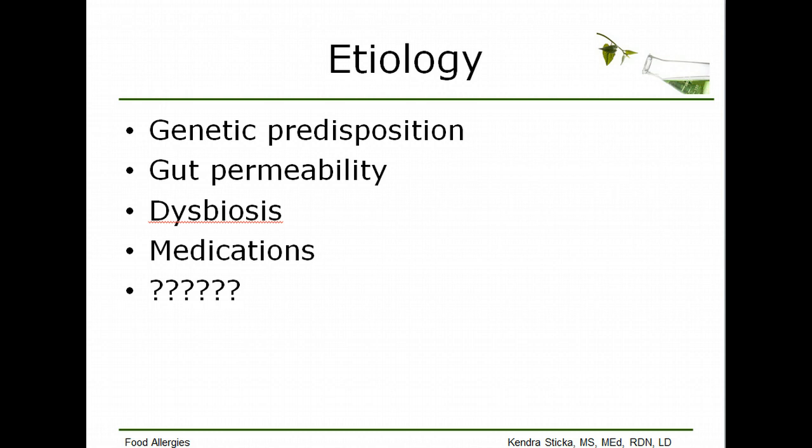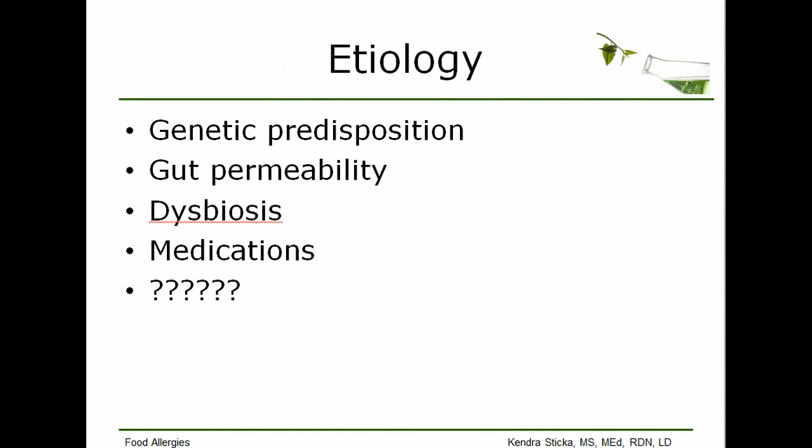So basically, that increased gut permeability is when the cells of the intestinal tract aren't as tight together as they should be. So normally our intestinal cells sit right beside each other very tight so that when we eat food and it goes into our GI tract, it gets processed, it gets metabolized, broken down, and then it doesn't go out into the bloodstream until it has been metabolized. When there's increased gut permeability, then those junctions between the cells of the intestinal tract sometimes have gaps in between them, small gaps.